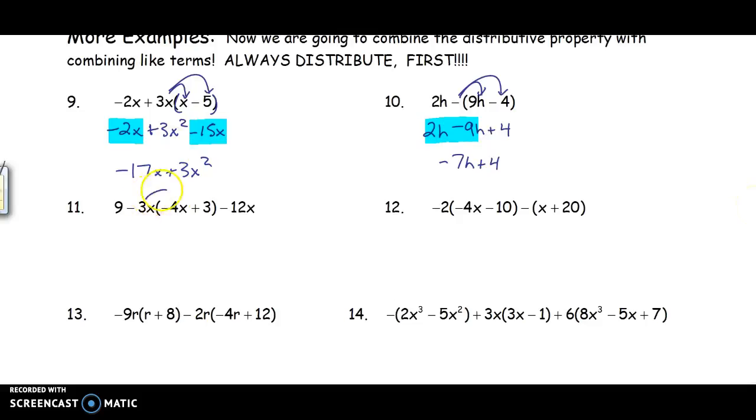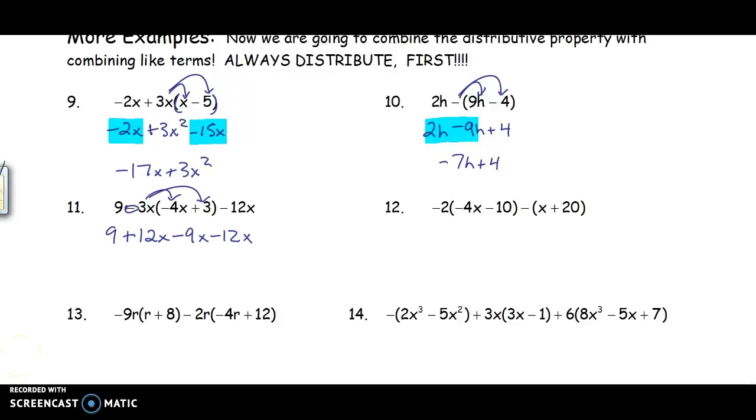In the middle, go ahead and distribute. Take a look at that sign in front. That's a negative 3x. So negative 3x times negative 4x is positive 12x squared. Negative 3x times plus 3 is negative 9x. So carry down the rest. This is a positive 12, so it's going to be plus 12x.